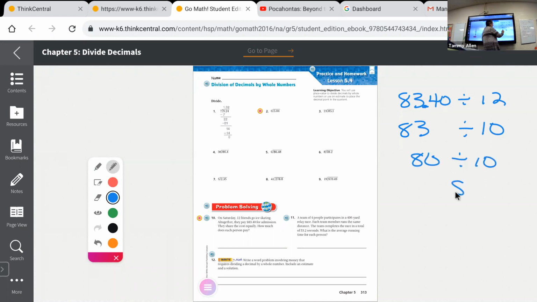So each person paid about $8. That would be your estimate. The actual is $6.95. My estimate was 84 divided by 12, and you got $7? I would accept that.